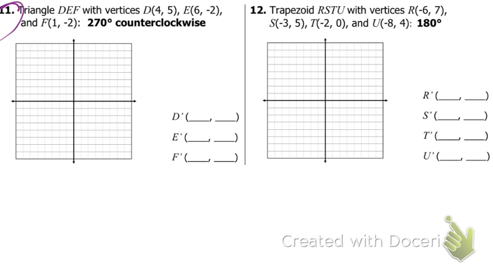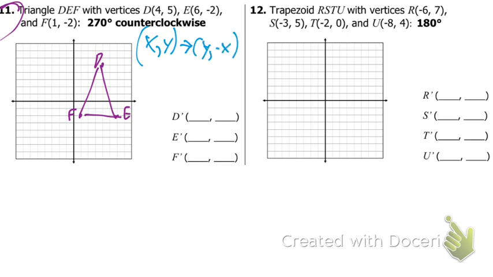So on 11, we have D at 4, 5, E at 6, -2, and F at 1, -2. And for this, we're rotating 270 degrees counterclockwise, so we're doing x, y yields positive y, -x.